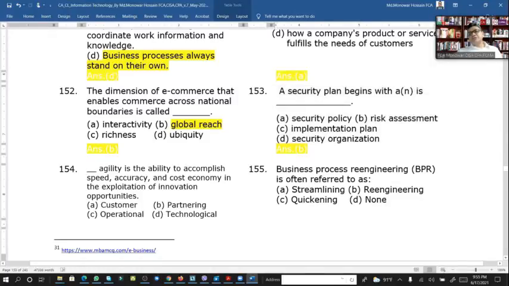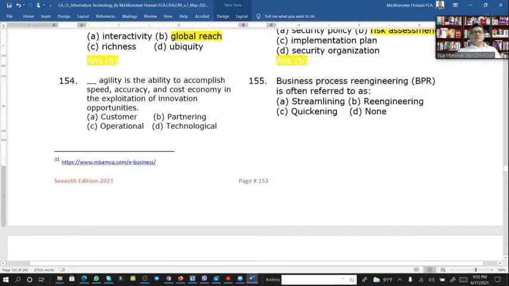So here, with risk management, the keyword is security. Dash-ability is the ability to accomplish speed, accuracy and cost economy in the exploitation of the innovation of the opportunity. So what would be the answer? The answer is D, technological.